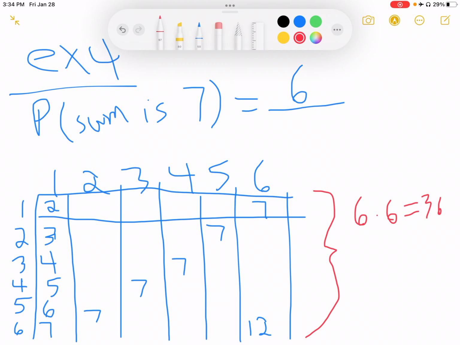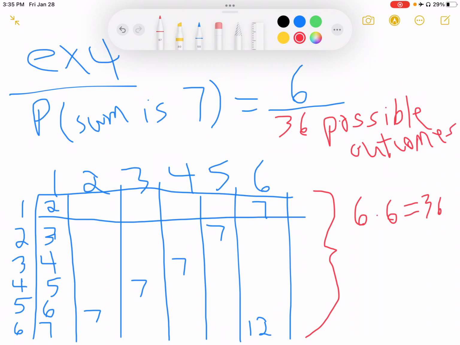Okay, so that's the total number of possible outcomes. So if it's 6 over 36, then the probability for me to roll 7 is a 1 in 6 chance, okay?